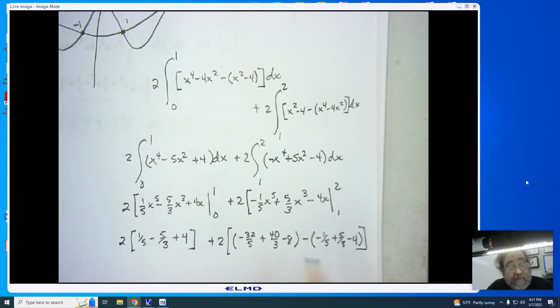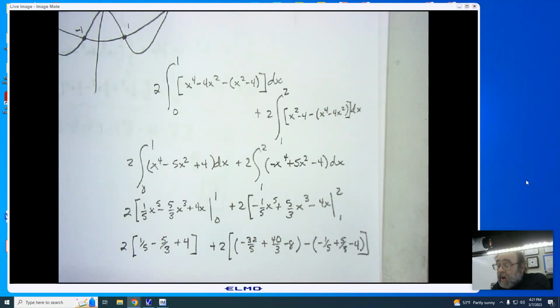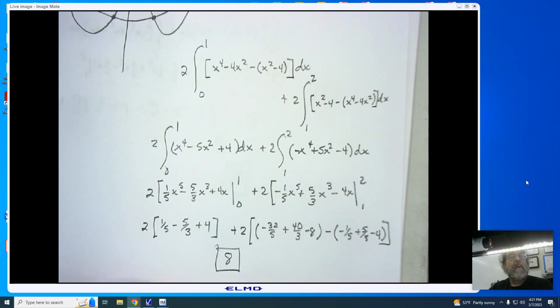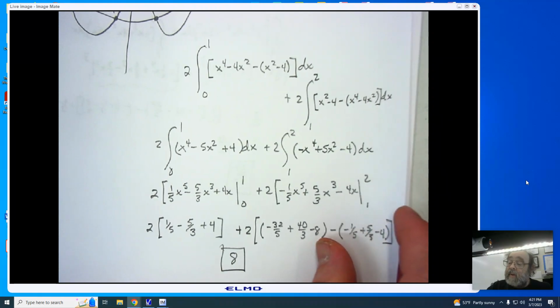And we're going to want to add this together, multiply both by 2, and we end up getting 8 as our total. I'm going to leave that for you. It's just going through and finding our values. That's number 33. Let's go ahead and move on to number 35 now.